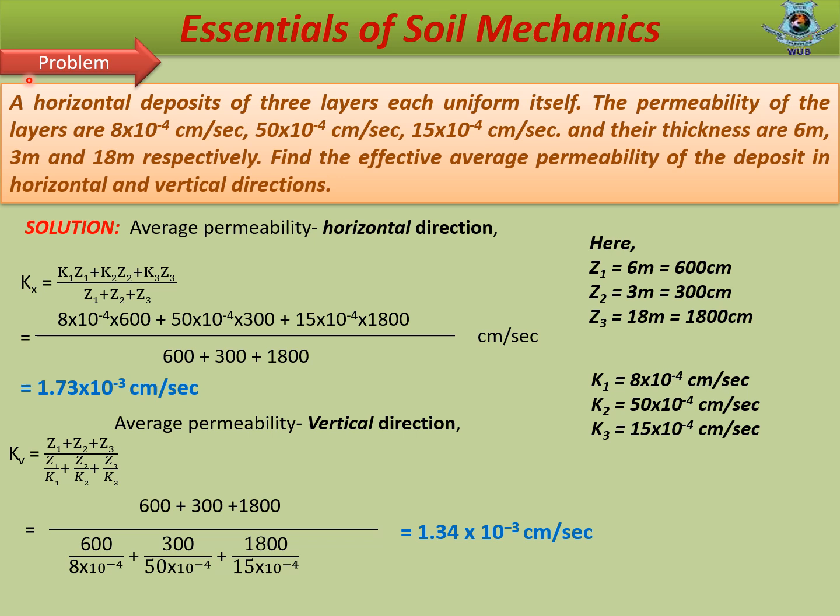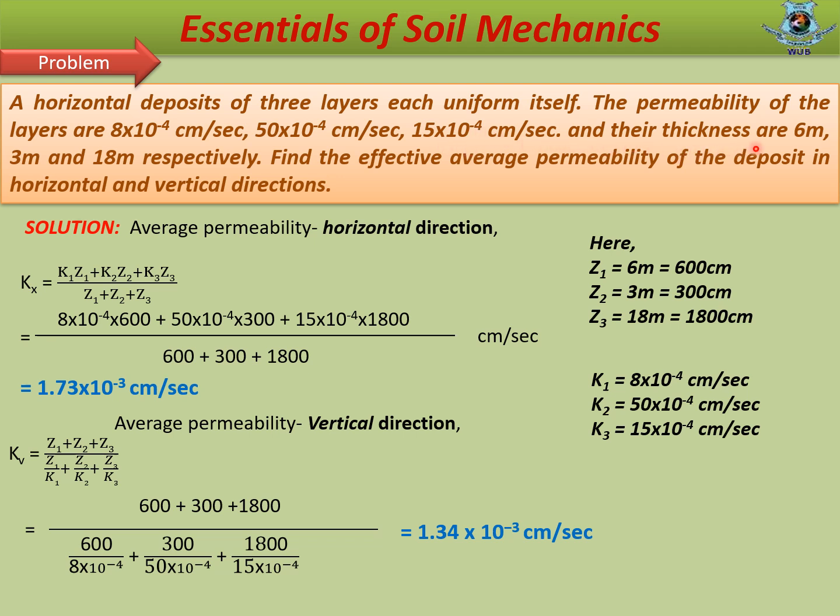Let's read the example regarding coefficient of permeability. A horizontal deposit of 3 layers is uniform itself. The permeability of the layers are 8 into 10 to the power minus 4 cm per second, 50 into 10 to the power minus 4 cm per second, and 15 into 10 to the power minus 4 cm per second.